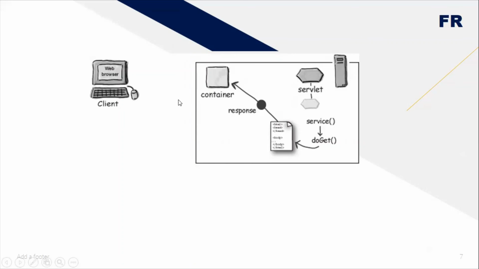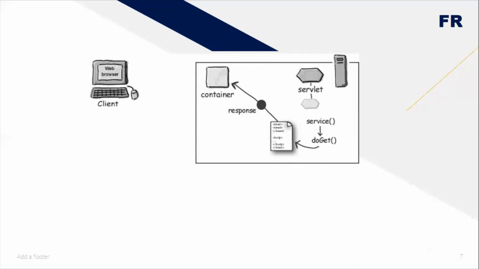And remember, the container still has a reference to the response object. So this is the final part: the thread completes, the container converts the response object into an HTTP response, sends it back to the client, and then deletes the request and response objects.